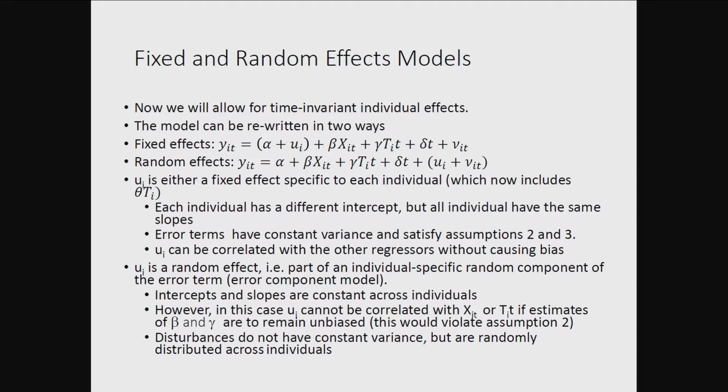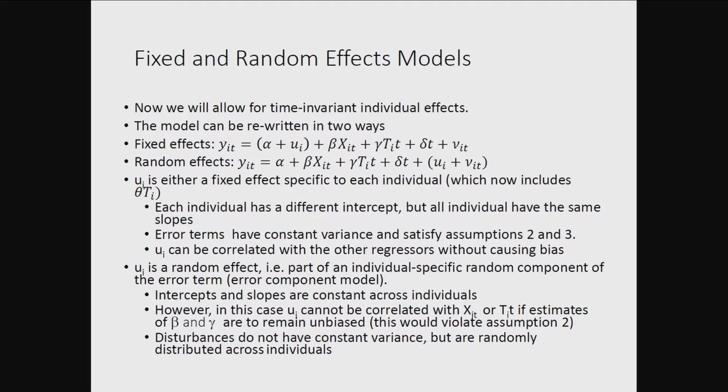And the basic difference between the two models is that, let's assume that we're going to introduce the time invariant individual effects, which are here in this case, the ui. So the effects that change at the individual level. We have the fixed effects and the random effects, and we're going to see that they are basically the same model, but it depends on how I will write it. Why?